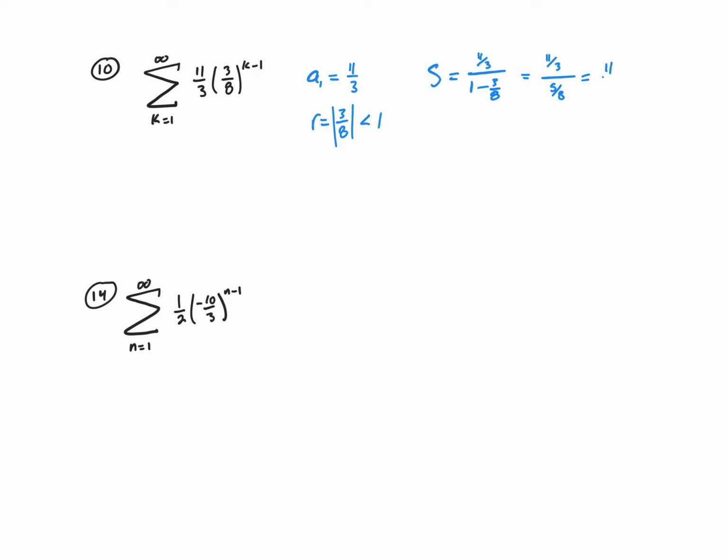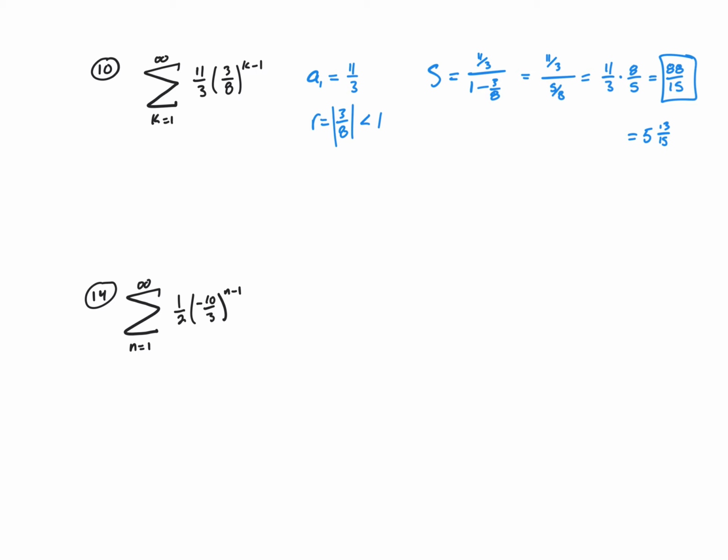That's the same thing as 11 over 3 times the reciprocal of the denominator, so 8 over 5, which is equal to 88 over 15, which is the same thing as 5 and 13/15. If you want, I'm pretty sure the book's going to have that as your infinite sum.